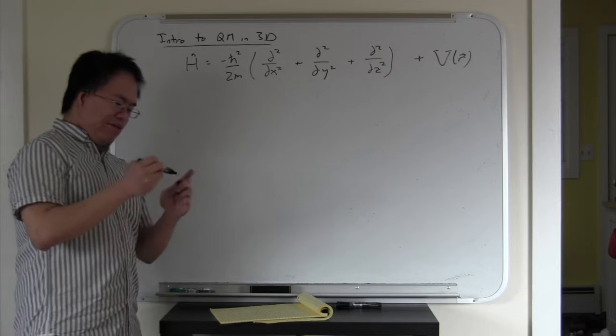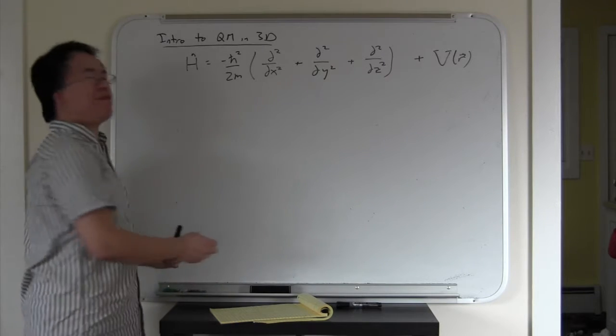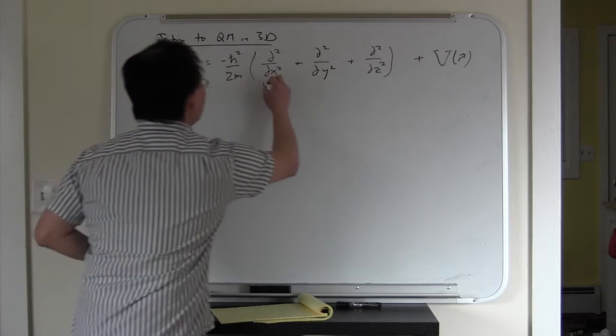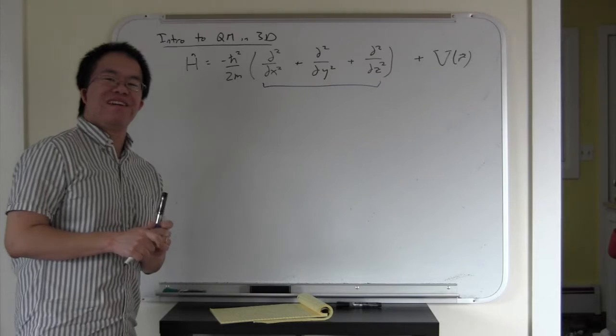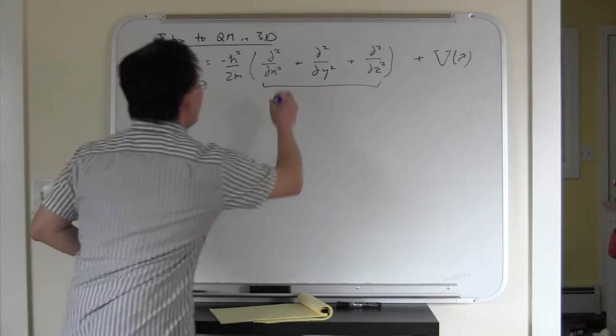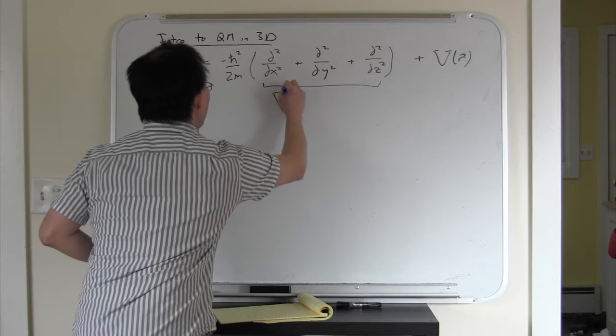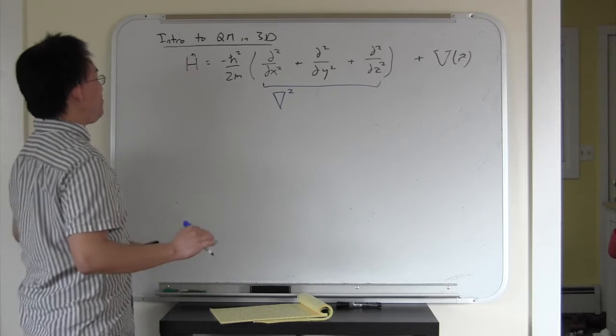Now, those of you who have taken Calc 3 might recognize something familiar looking in here. What's this thing in the big parentheses? Hopefully, if you've had Calc 3, you might remember that this is none other than the Laplacian operator.